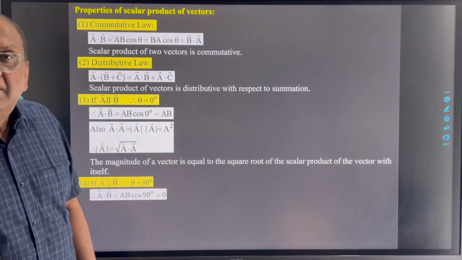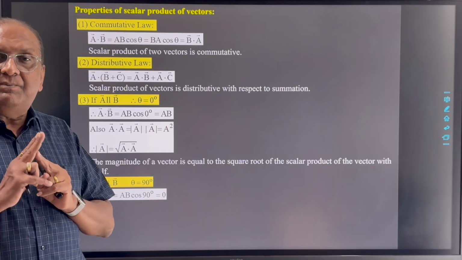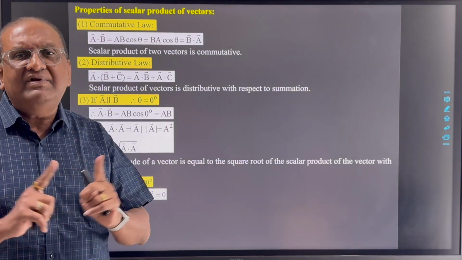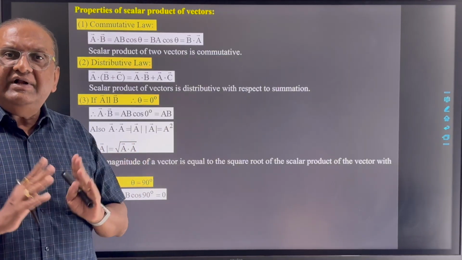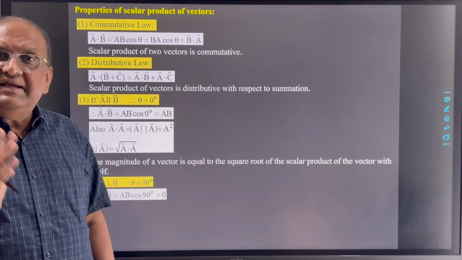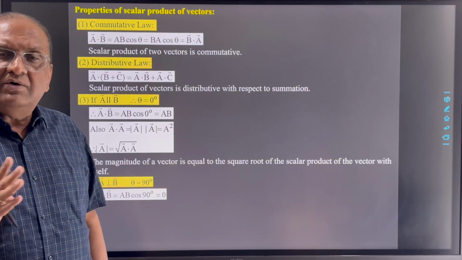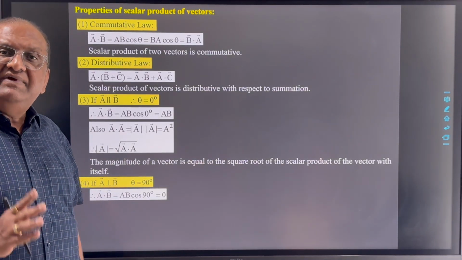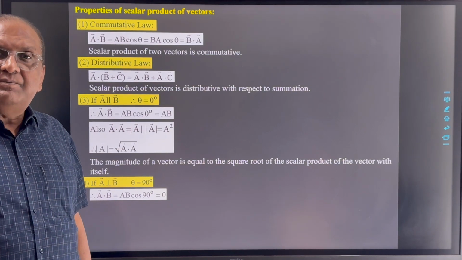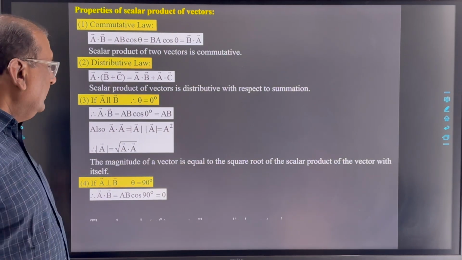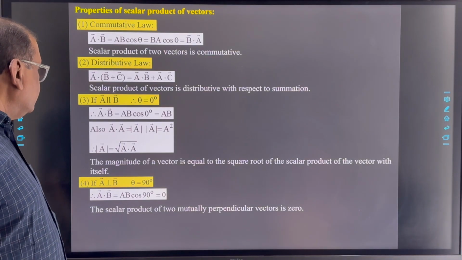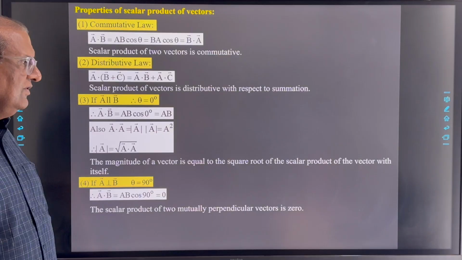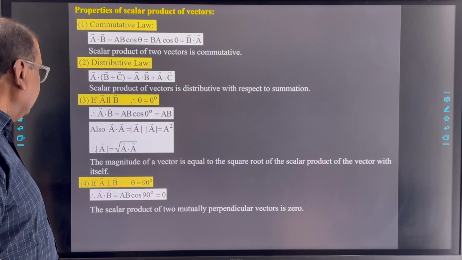So if two vectors are perpendicular to each other, always their dot product will be 0. Or in other words, we can say if the dot product of two vectors comes to 0, then these two are perpendicular to each other. Okay? So the scalar product of two mutually perpendicular vectors is always 0. Clear?